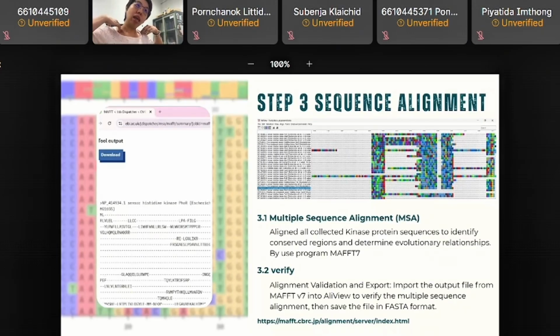Okay, why don't you use other programs like COBALT that could help you identify domains, or arrange the alignment to identify domains somehow?